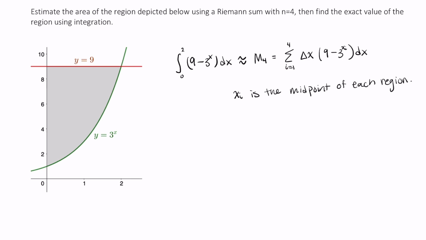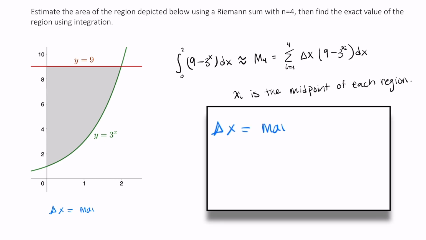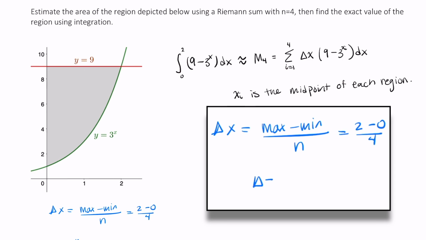So let's go ahead and figure out what these midpoints are. Delta x is equal to the max of the interval minus the min x value of the interval divided by n. So the maximum x value is 2 minus 0 over 4. So that tells me delta x is equal to 1/2.